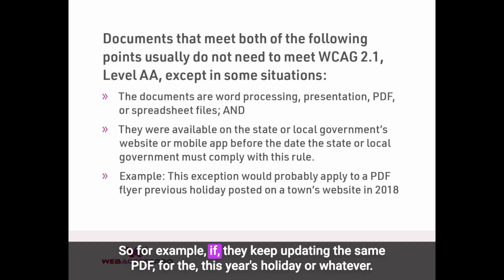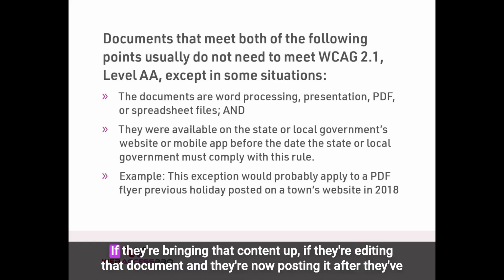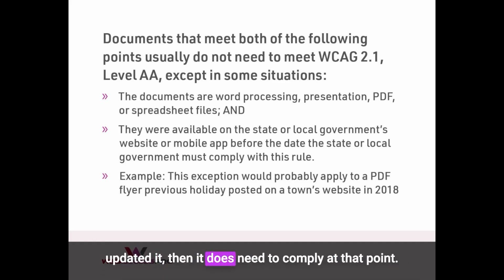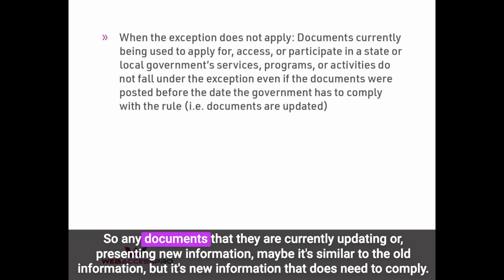So for example, if they keep updating the same PDF for this year's holiday, if they're editing that document and they're now posting it after they've updated it, then it does need to comply at that point. So any documents that they are currently updating or presenting new information, maybe it's similar to the old information, but it's new information, that does need to comply.